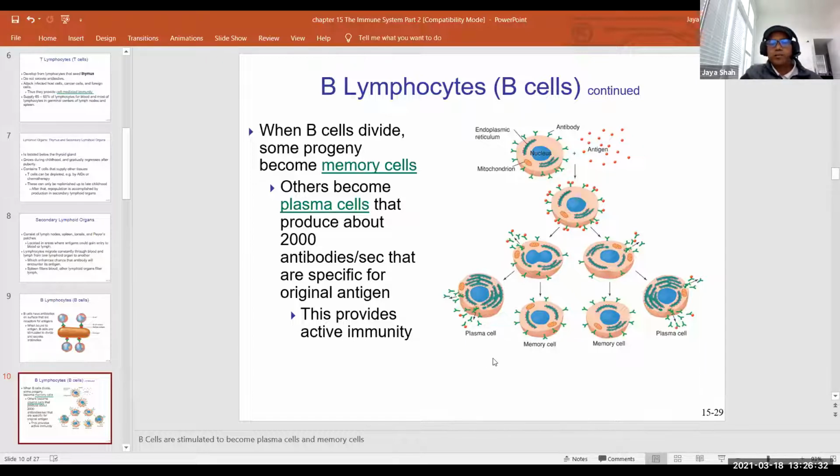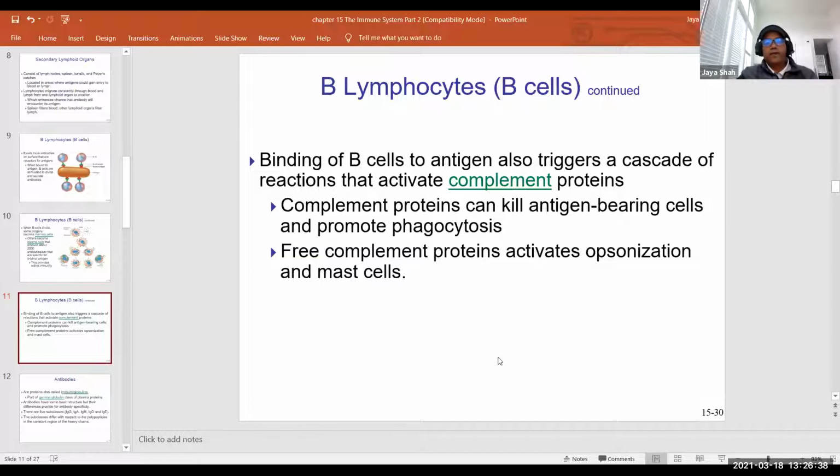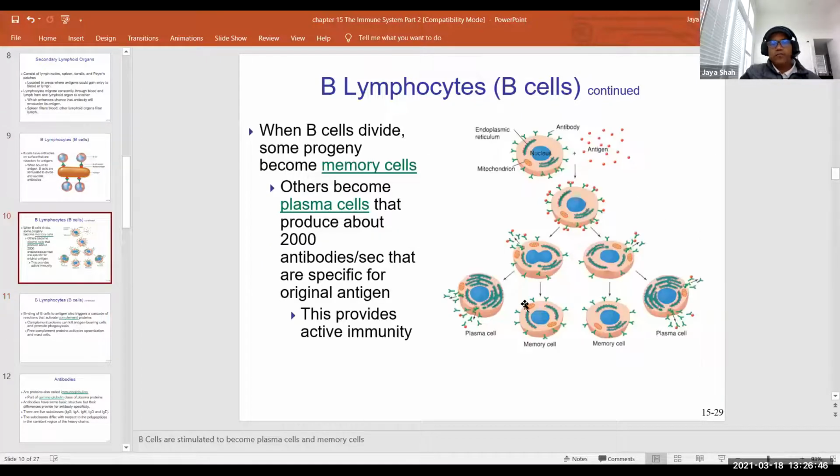B lymphocytes are making, indirectly, the antibodies. Okay. So binding of B cell to antigen also triggers a cascade of reactions that activate complement protein. So here, this is the one function. At the same time, this binding of antigen and antibody activates the complement.